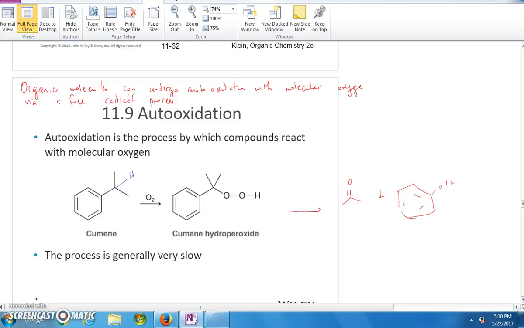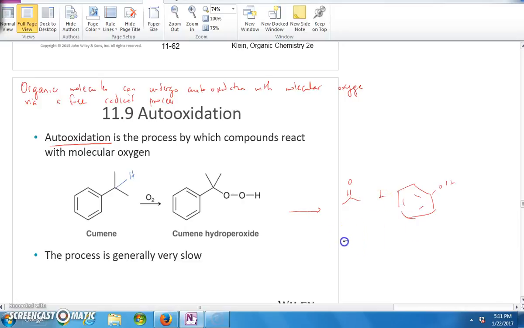Now we know that organic molecules can undergo what we call auto-oxidation with molecular oxygen via free radicals, and this has a very important application in the synthesis of acetone and phenol.